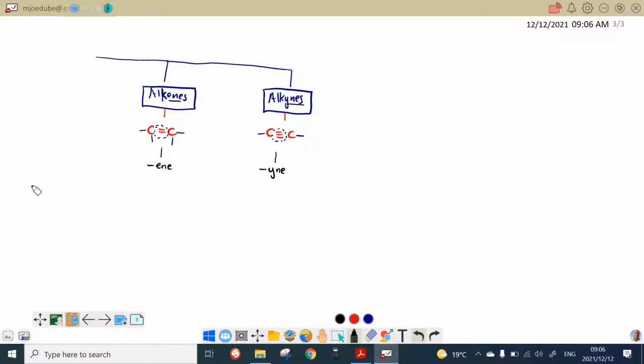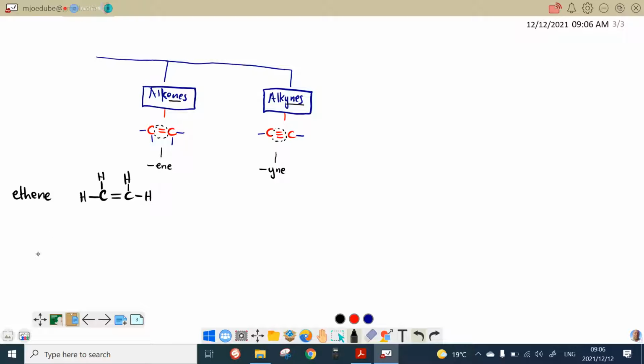So the simplest of the alkenes is going to be ethene, which has got a carbon-carbon double bond. So now we said that there are four bonds around each carbon. So that means those spaces are going to be occupied by a hydrogen.